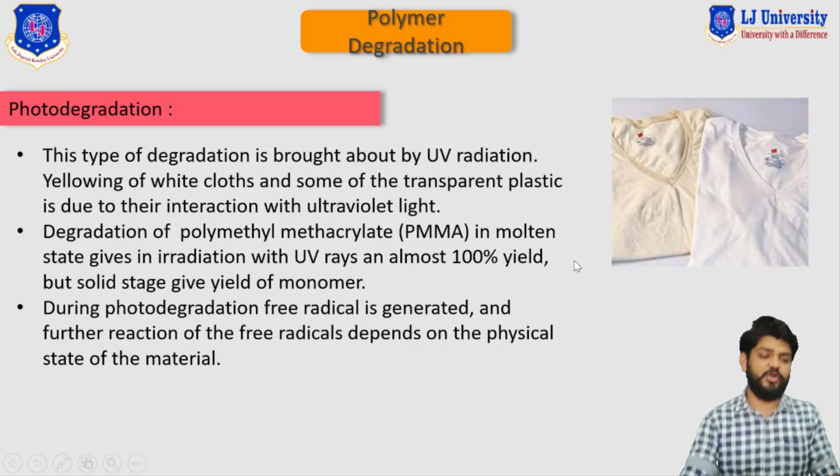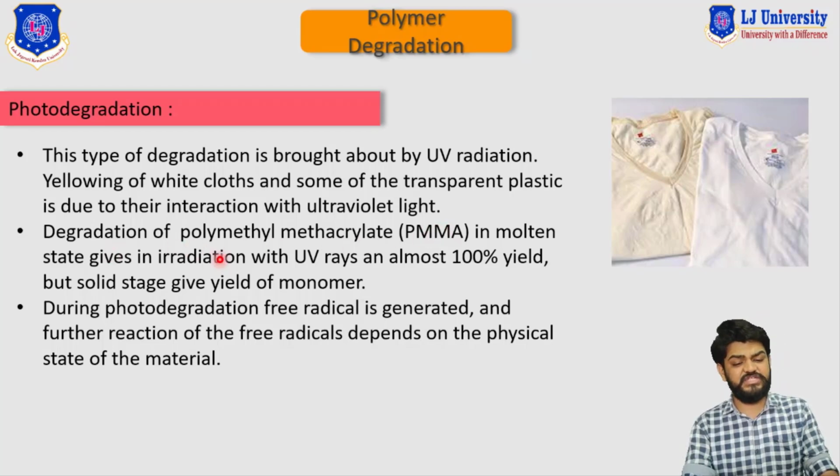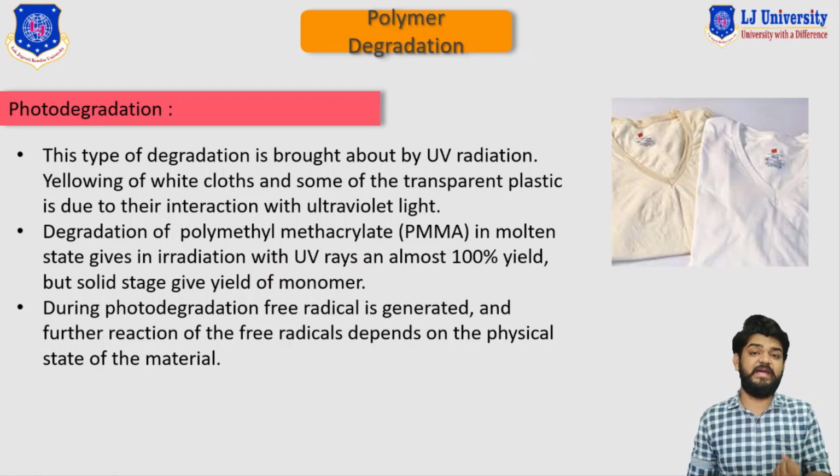As you can see on the screen, this type of degradation is brought about by UV radiation, as I have already discussed. Yellowing of white cloth and some transparent plastics such as your mobile case is due to this interaction of ultraviolet light with the polymer. The degradation of polymethyl methacrylate in a molten state gives 100% yield on radiation. That means this PMMA material will directly degrade and form 100% monomers.